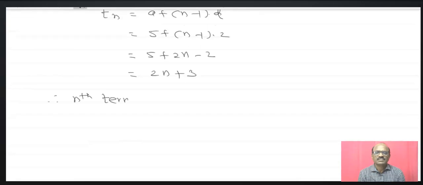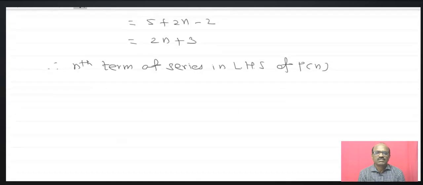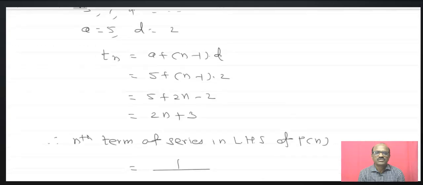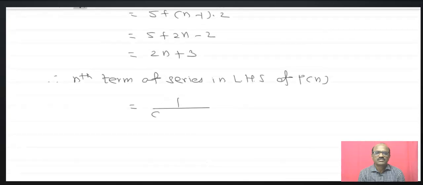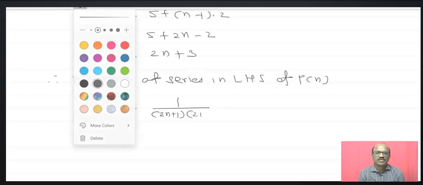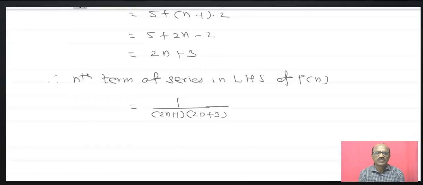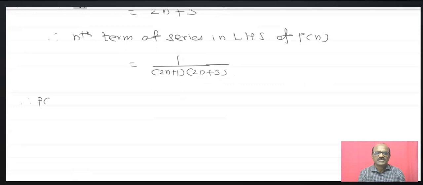Therefore, the nth term of the series in the LHS of P(n) is 1 upon (2n plus 1) into (2n plus 3). This is the nth term.